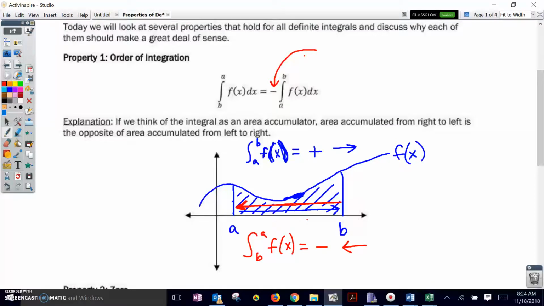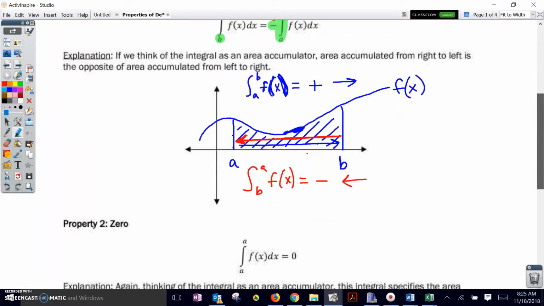That's our first property. So anytime we have limits of integration where the lower limit is a bigger number than the upper limit, we can switch those limits by simply putting a negative sign out in front of the integral. All right, that's our first property.